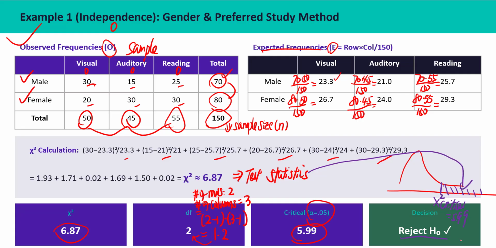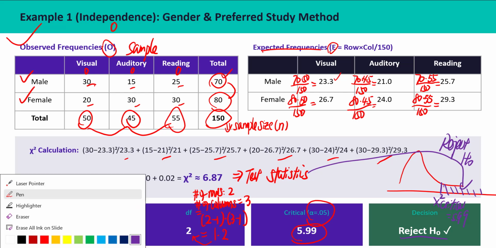So that's why we have to reject H0. Because we reject H0, meaning gender and preferred study method are associated, right? So that's our conclusion, meaning gender and study method preference are significantly associated, based on alpha equal 0.05.